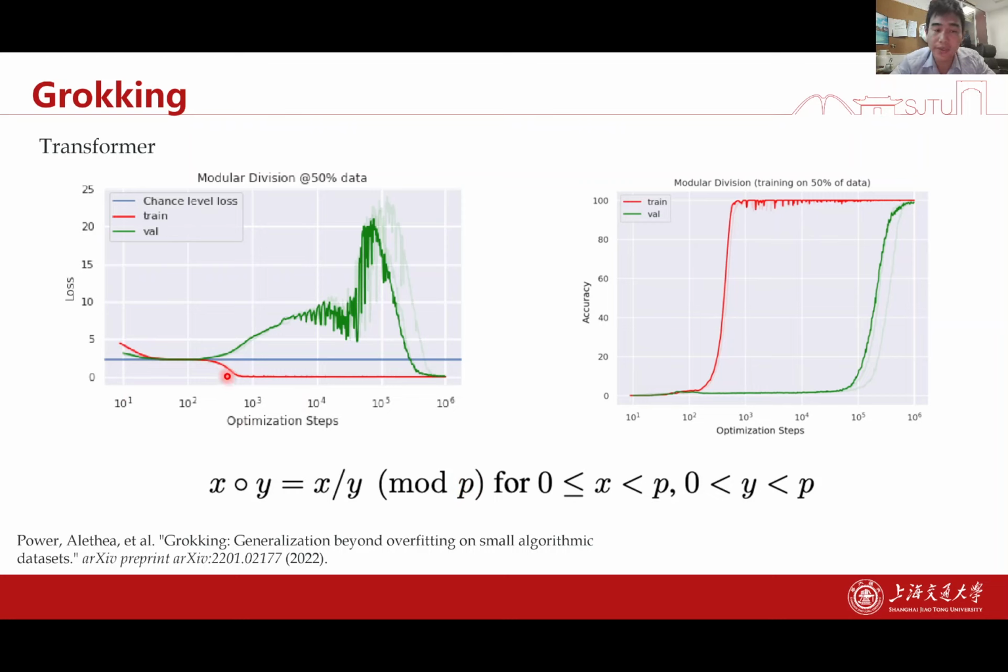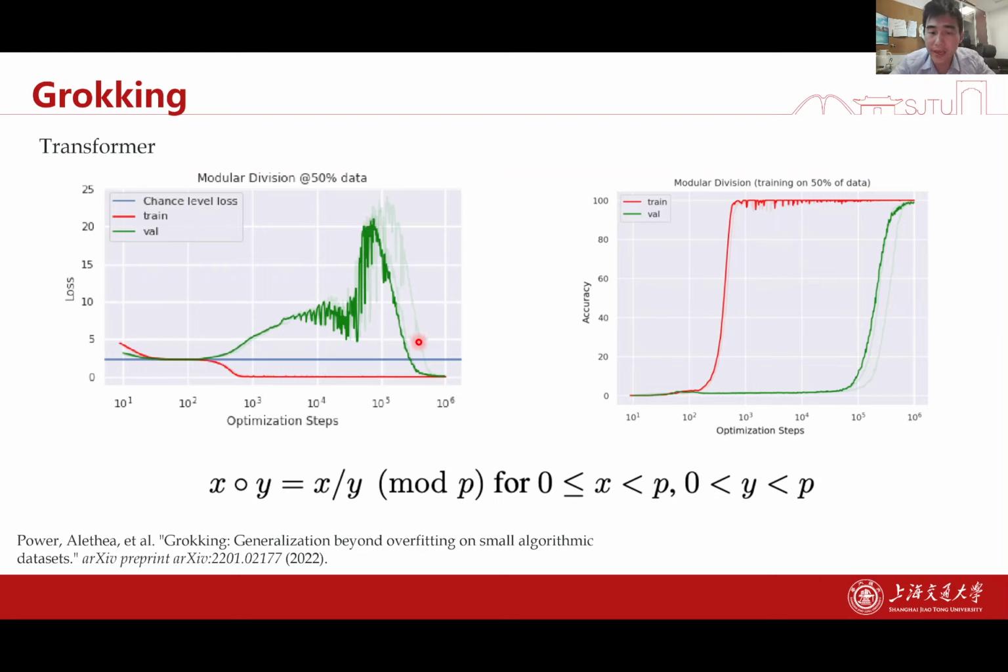That is what we expected. However, for the test data, indicated by this green line, it first decreases and then increases to a very significant value. And after some training steps, it starts to decrease.